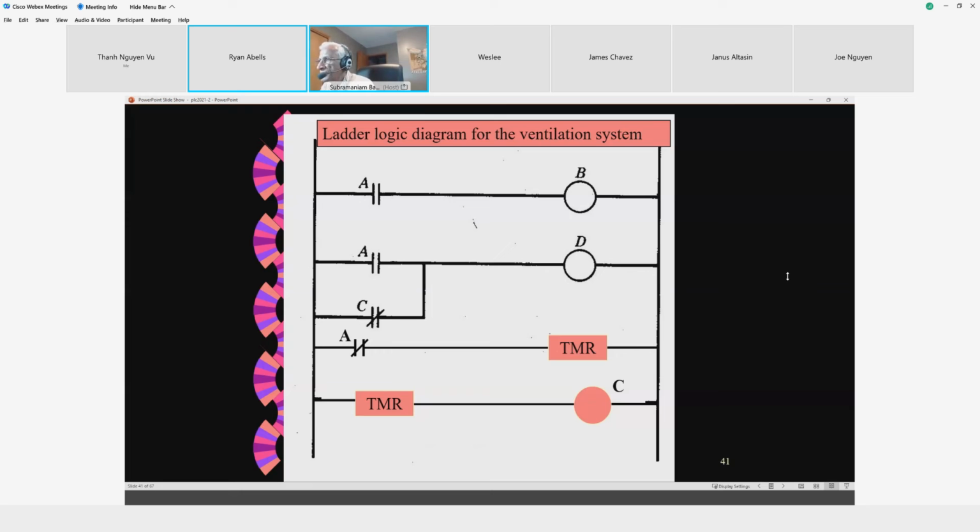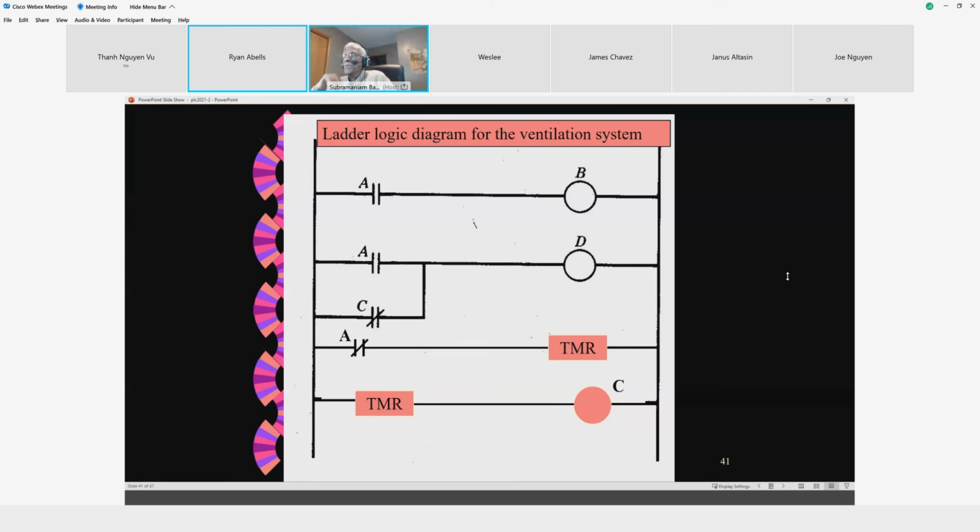That means the output C is still true. No, output C is not true. When the timer is counting down, in our assumption, there is no output from the timer. Do you follow?